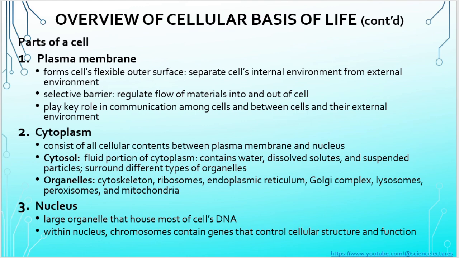Examples of organelles include the cytoskeleton, the ribosomes, the endoplasmic reticulum, the Golgi complex, the lysosomes, the peroxisomes, and mitochondria. Within the nucleus, each chromosome, a single molecule of DNA associated with several proteins, contains thousands of hereditary units called genes that control most aspects of cellular structure and function.